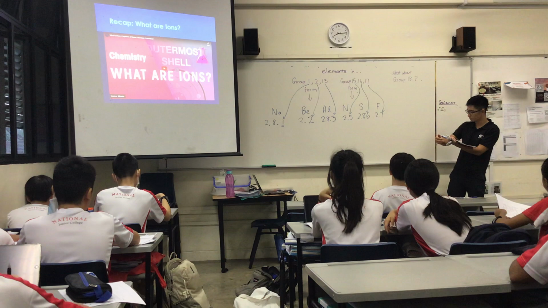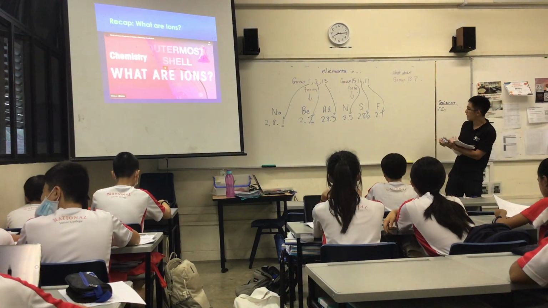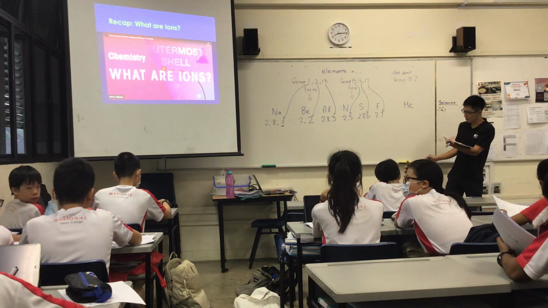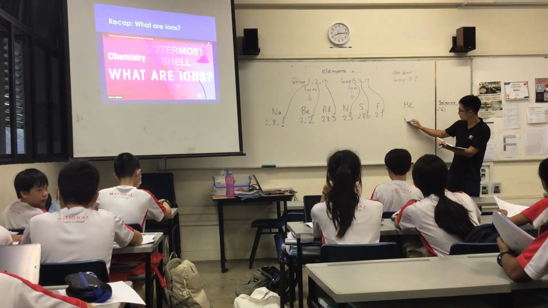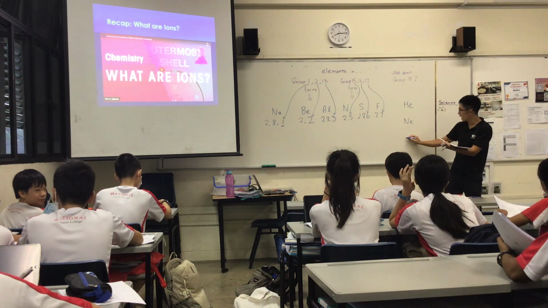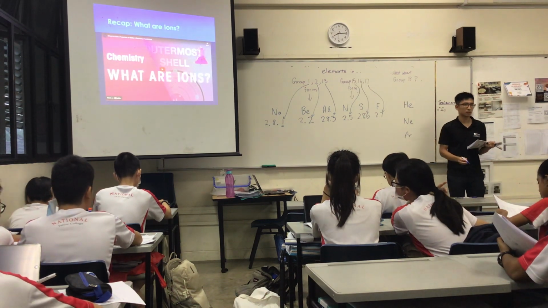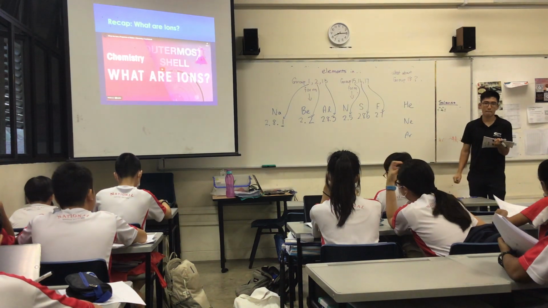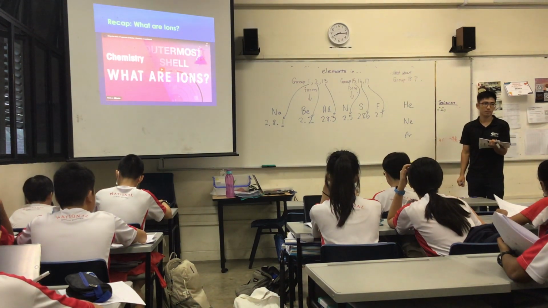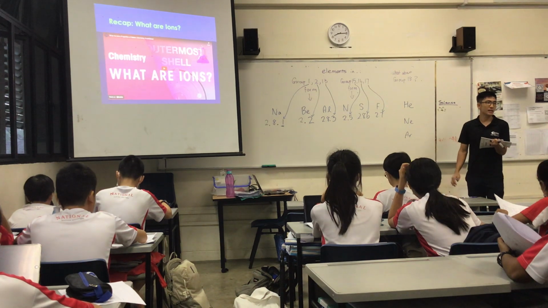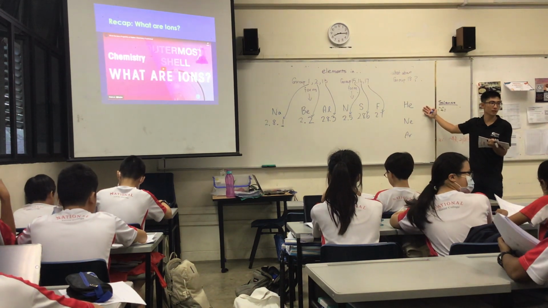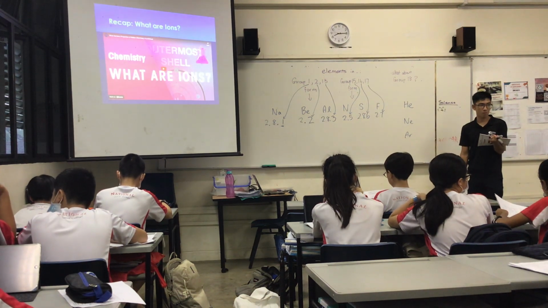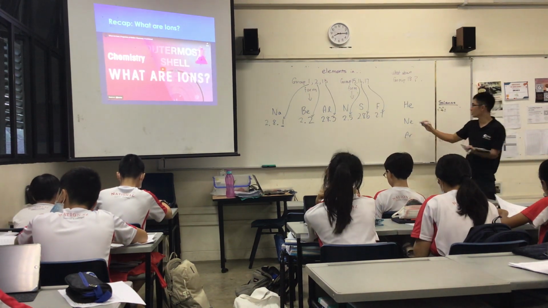The electronic configuration of helium as well as neon as well as argon. Okay, 3 more like this. Helium, neon, and argon. Okay, check. Helium, electronic configuration. Very good, just 2.